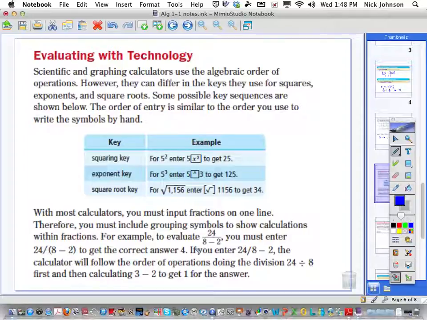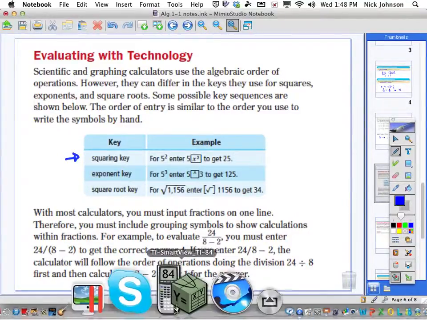When you're squaring something, you type in the number that you're going to square and press the squaring key. The squaring key is x to the second power. So you type in 5, x to the second power, hit equals, and you are going to get 25.